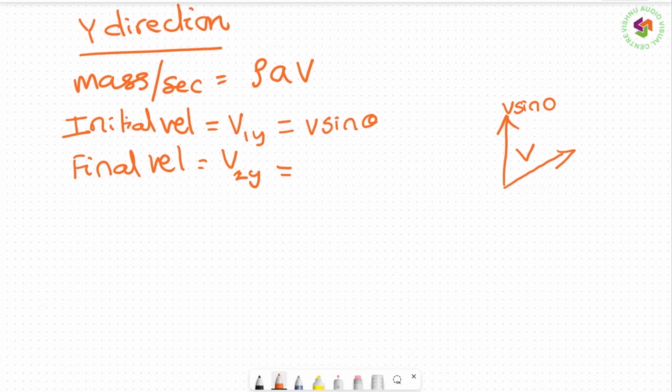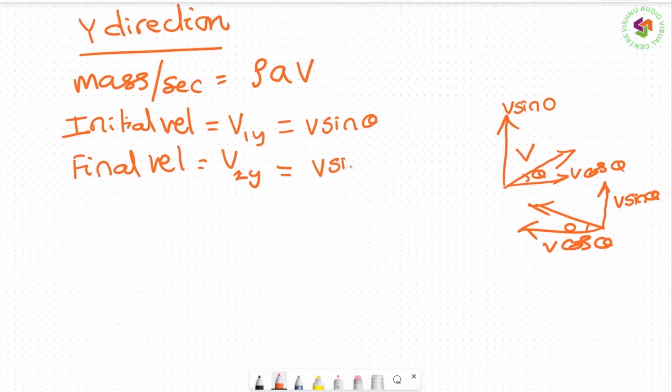It is equal to, suppose the jet is leaving like this. So again, this is v sine theta. This is v cos theta. This is v cos theta. This is v sine theta. These angles are theta. Right? So it is again v sine theta.